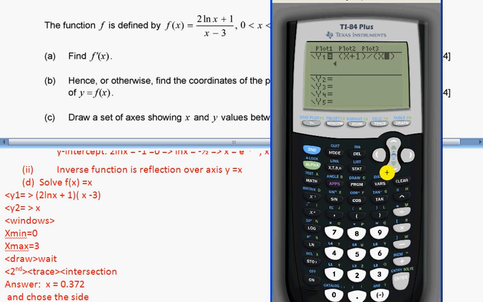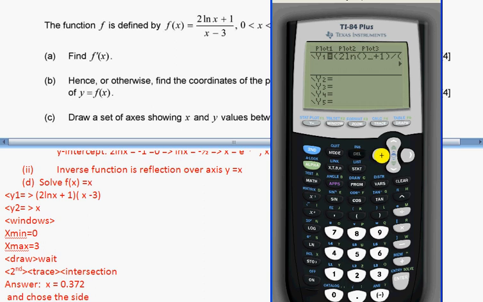Right, let's check. So 2 logarithm x plus 1. I didn't close logarithm x, give bracket, and I should close this bracket. And delete this.